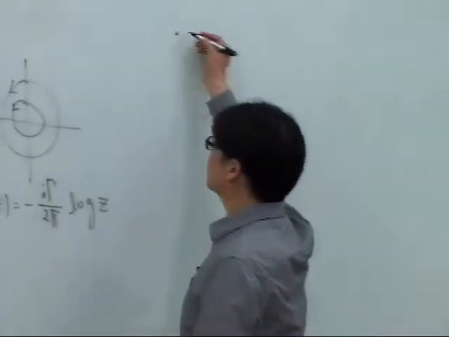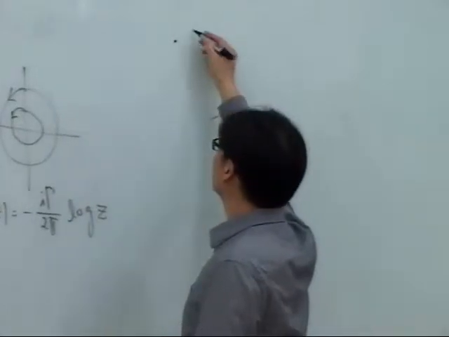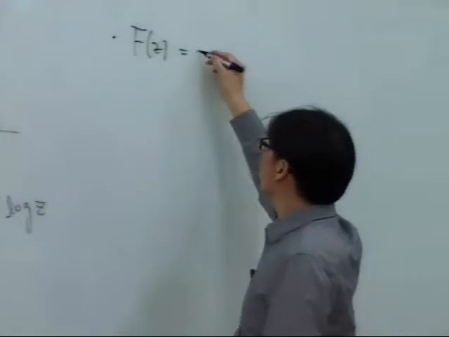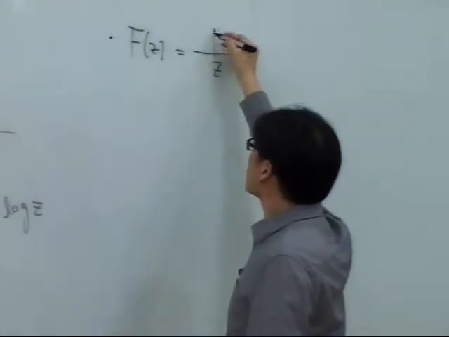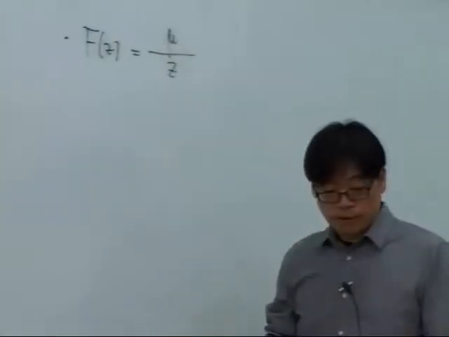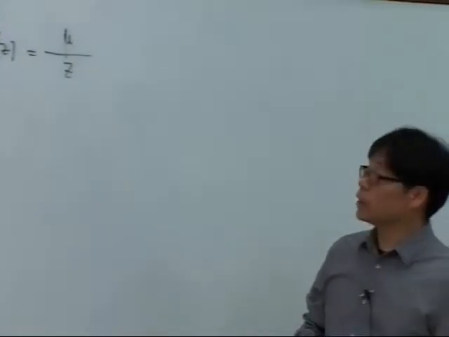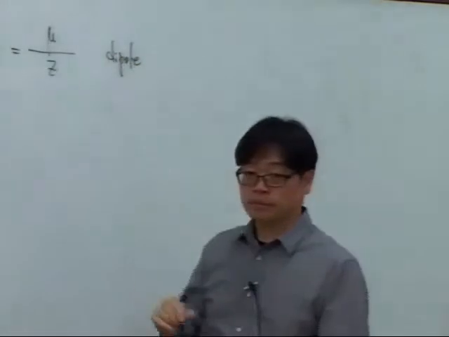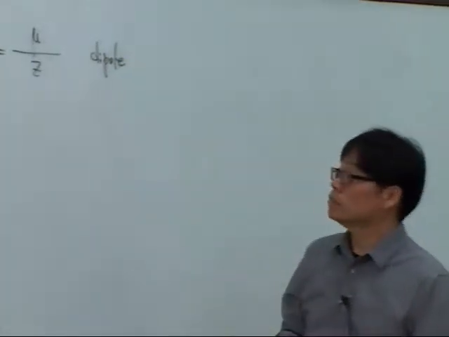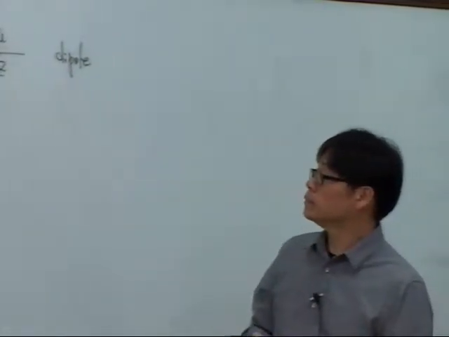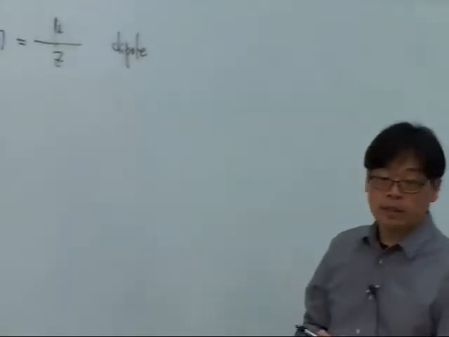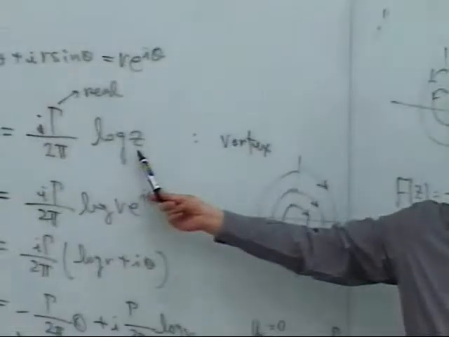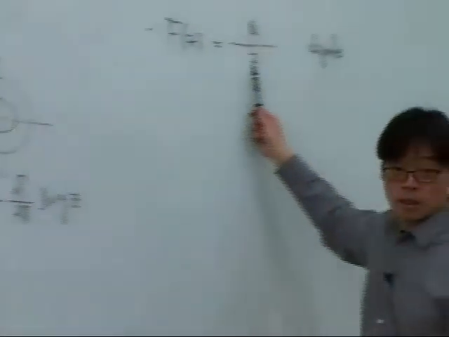Also, you can write the complex potential for a dipole. Okay. Like this. So now when you take a z derivative of log z, you get 1 over z.